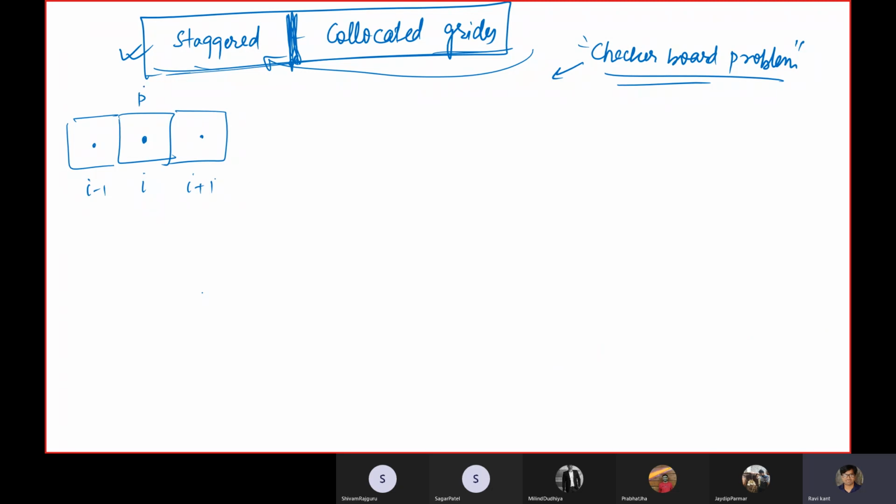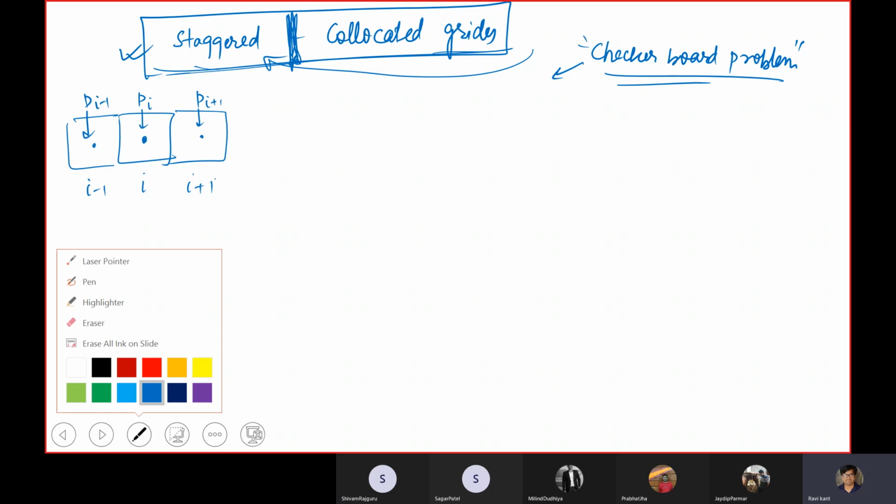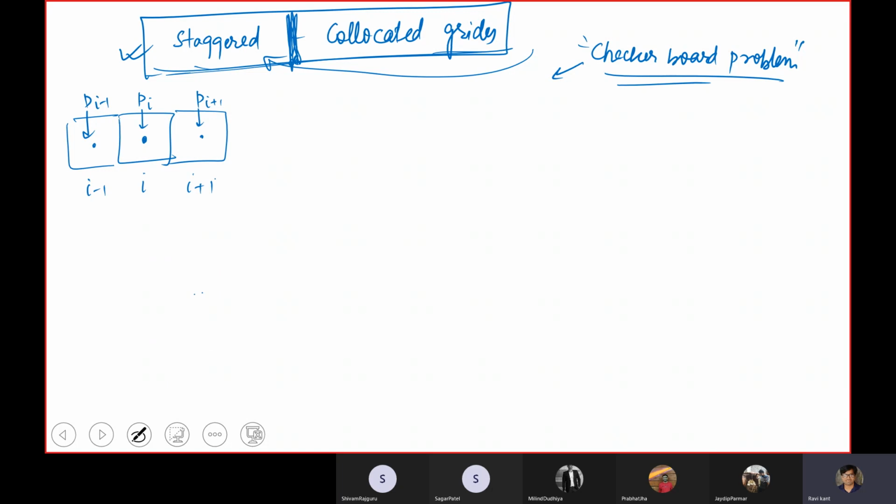so your phi values, or this time pressure values. So P, sorry, not phi, this time my variable is pressure. So P i plus 1 or P i minus 1 are stored on the center of these control volumes, but your velocities are staggeredly located, or can be allocated at these grid points, not the center to the grid point.